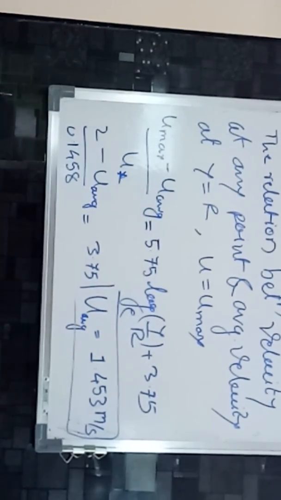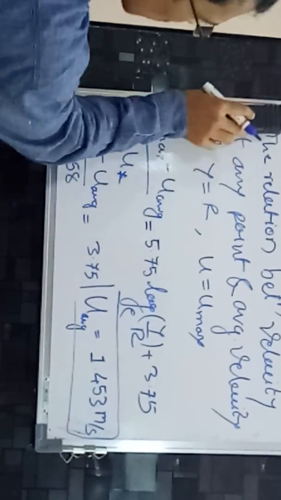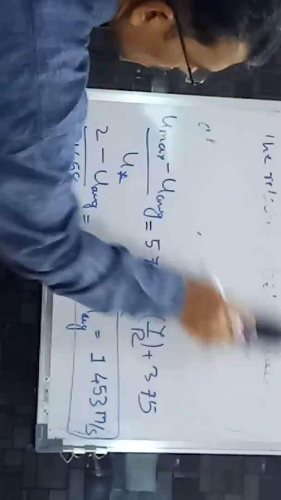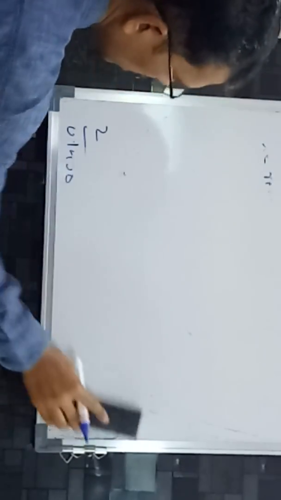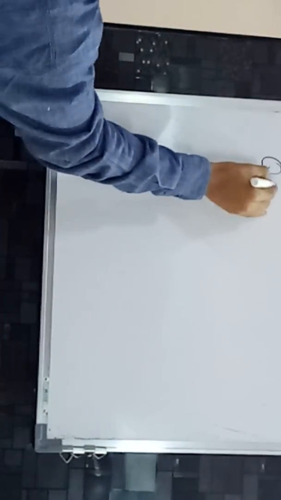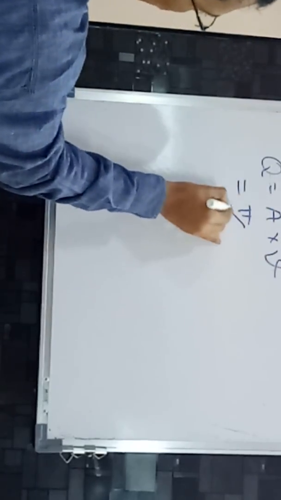And last, what do they want? Find the discharge. This is most important, for the previous problem also. Same condition you apply here, then you will get the discharge. How to find it? Q equal to area into velocity. What was the area? Pi by 4 into d square.